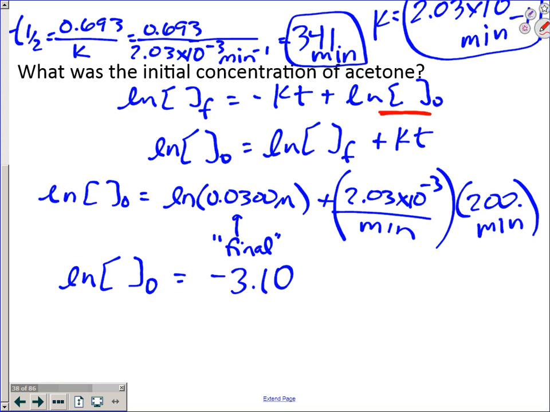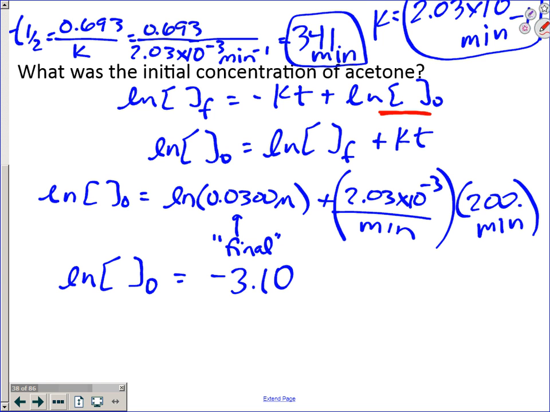That was the k value we had. You end up solving for ln initial to be negative 3.1. How do you offset a natural log? Say again? E, thank you, E. Okay, so what's the opposite of log? 10 caret, right? So 10 to the whatever.